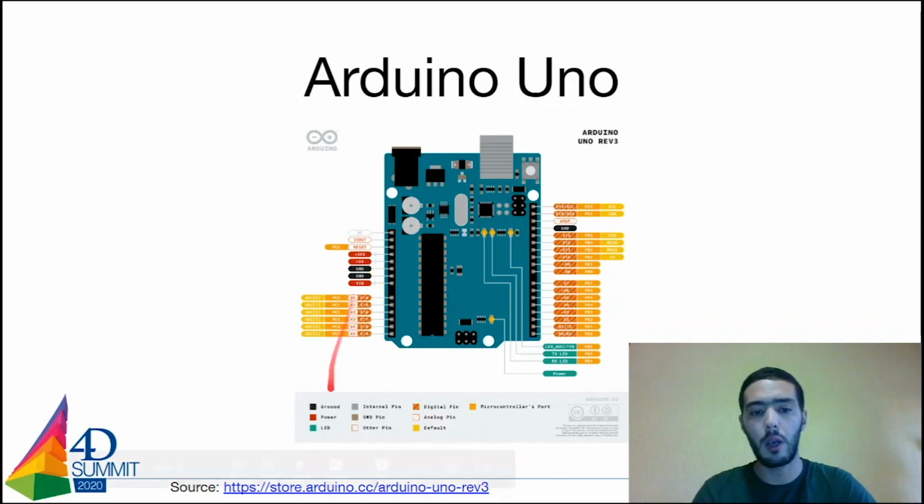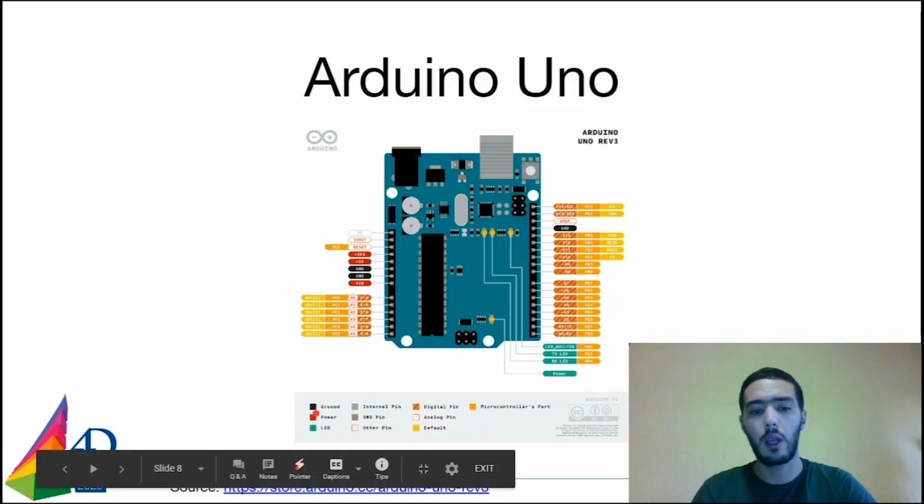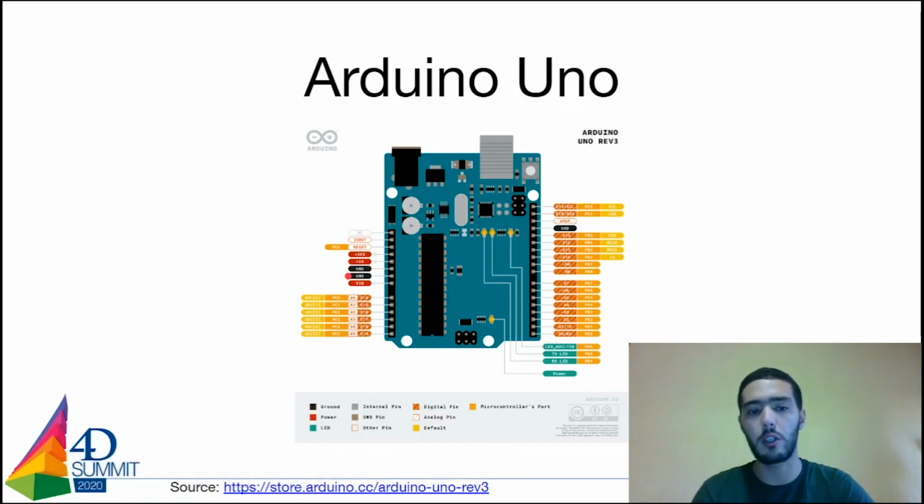Of course, as seen here in black and red, we'll be using power to power our sensors, to power our LED bulbs, and also the ground for each of the electronic components.